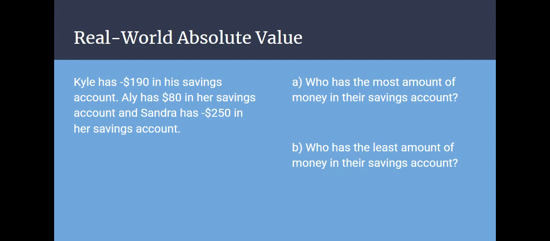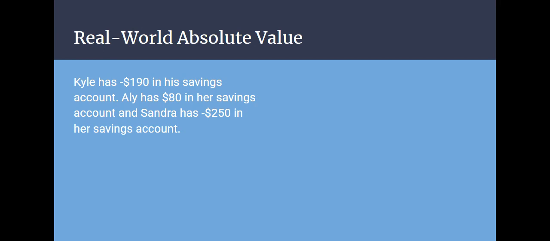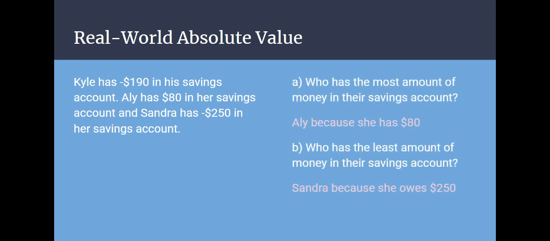So if we take the data, Kyle with negative 190, Allie with $80, and Sandra with negative 250, we know our answers are going to be, who has the most money in their account is going to be Allie, because she has $80.